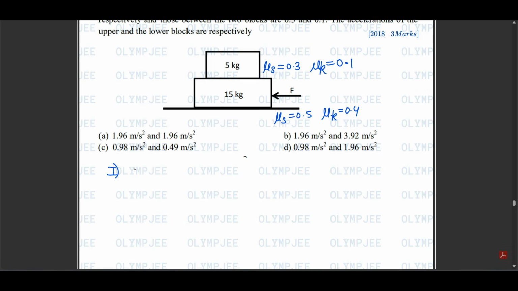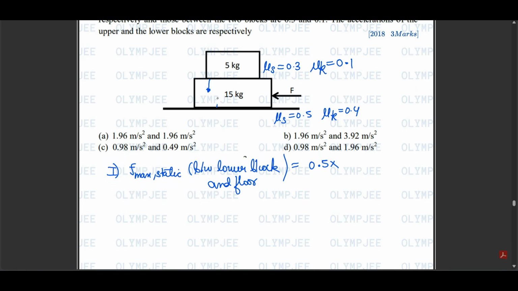So the maximum static friction between lower block and floor would be equal to mu s, which is 0.5, multiplied by the total sum of the masses, because this 5 kg mass would also be exerting a normal force here.